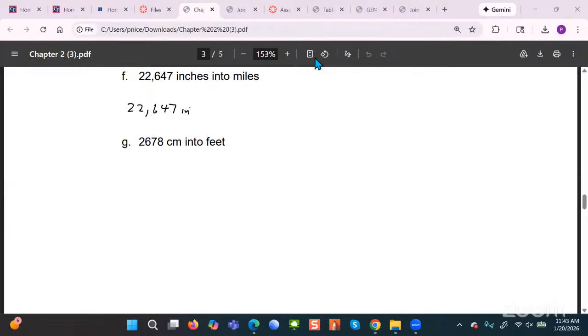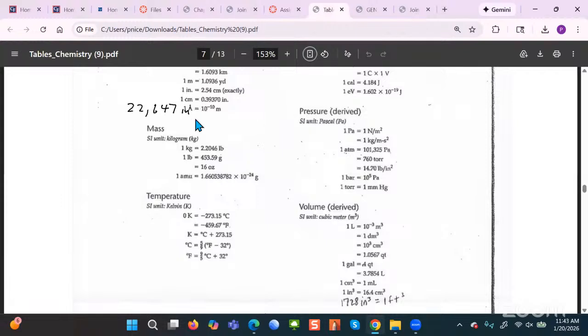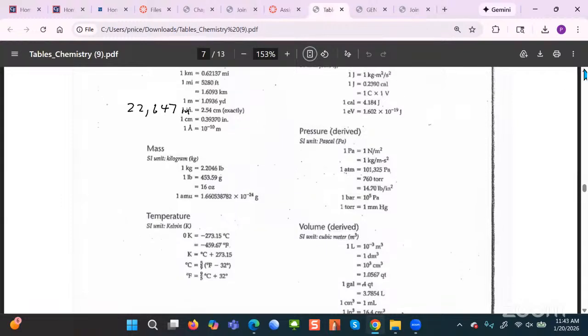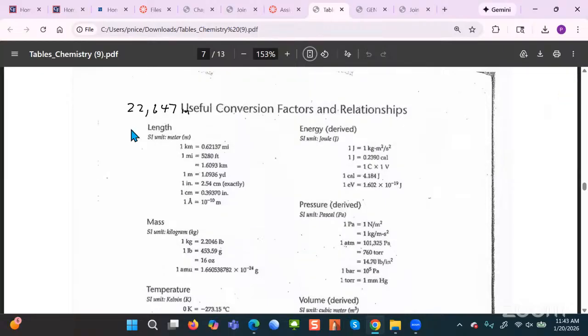So again, we're gonna need that table. So based on this here, how will you go from 22,647 inches to miles? Let me hear some ideas.